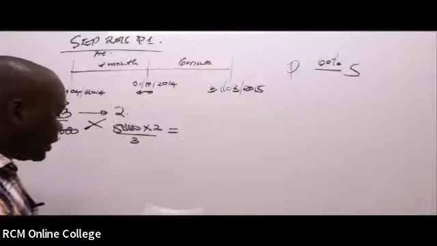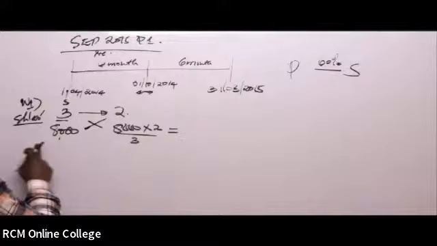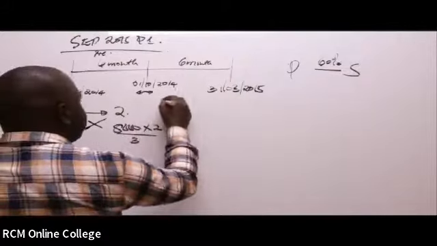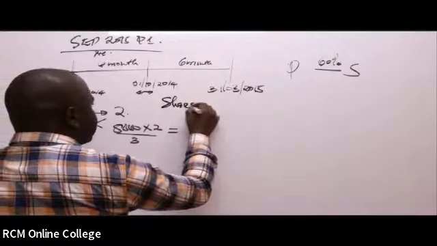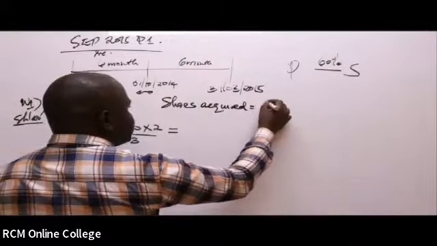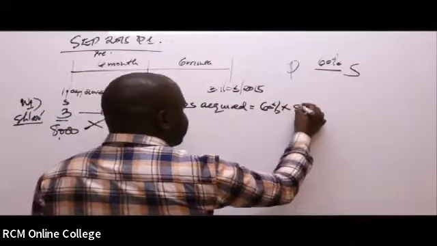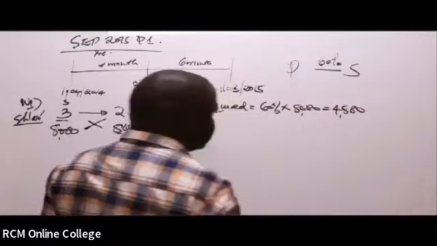They're saying that they acquired 60%, so we have to do 60% of this. The shares acquired equal 60% multiplied by 8 million, which is 4,800,000 shares.